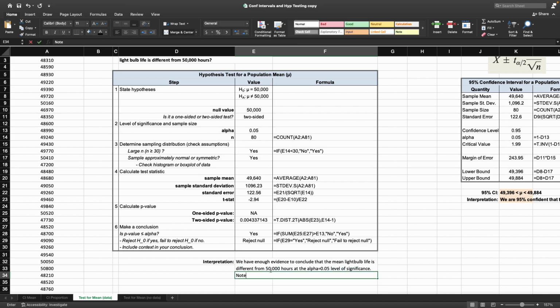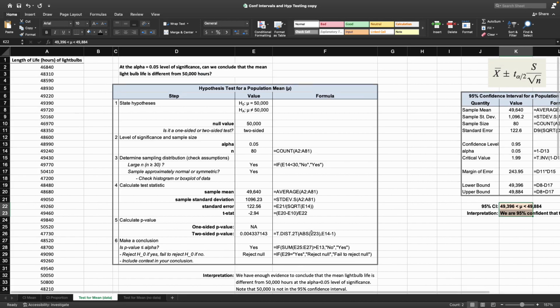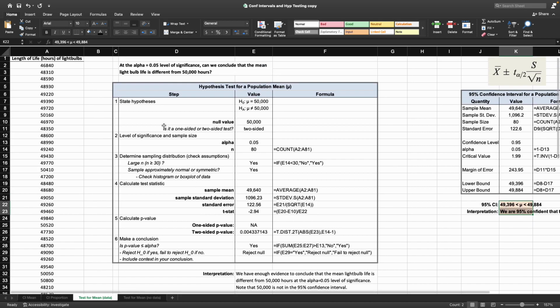And then we can just say, note that 50,000 is not in the 95% confidence interval. And so we could have determined that we would reject before we got started, because if we come back over here to our confidence interval, we see that 50,000 is not in the interval, therefore it is not a reasonable value.